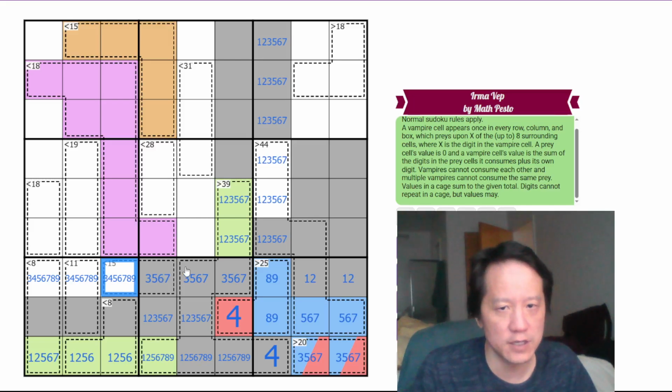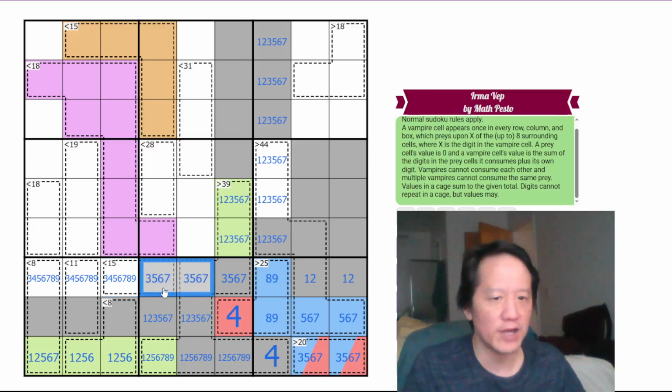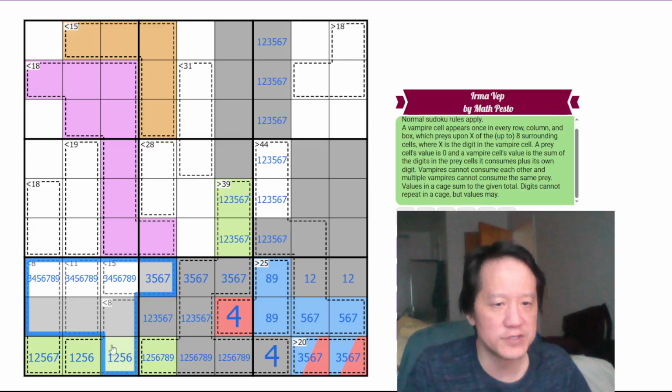Vampires cannot suck other vampires. So the values of these are 7 at most, 7 at most, which is 14, plus 10, which is 24, plus 14, which is 38. And we have obviously more than 38 in value.